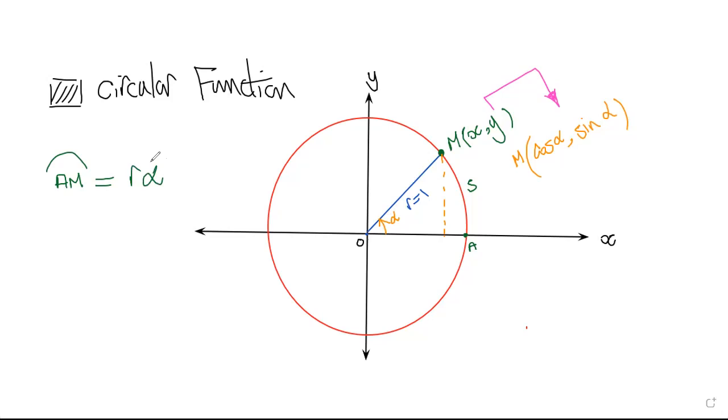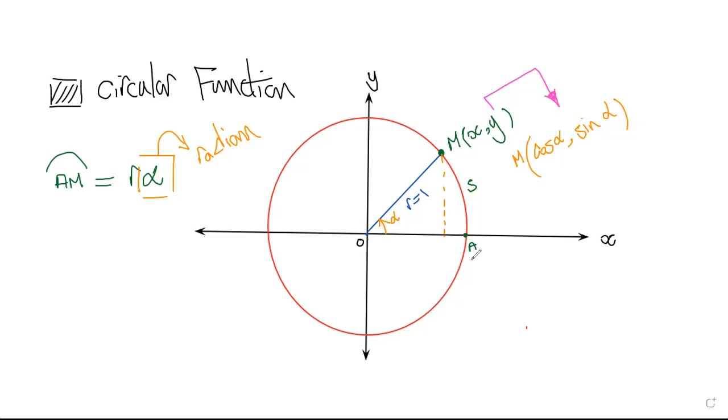However, we said that we have to be extra careful that the alpha that we are talking about here has to be measured in radians. Otherwise, you cannot find that relationship. Now, in the unit circle, we said that the radius is how much?